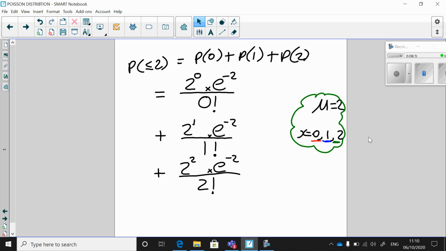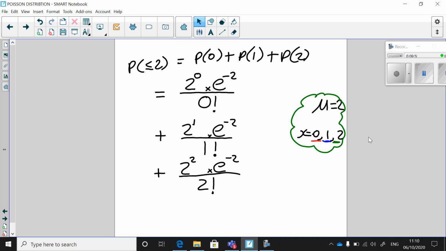The mean value of 2 always appears in the top line, and it has the 3 powers of 0, 1 and 2 as we go down. And the factorials are your x values: 0 factorial, 1 factorial, and 2 factorial.